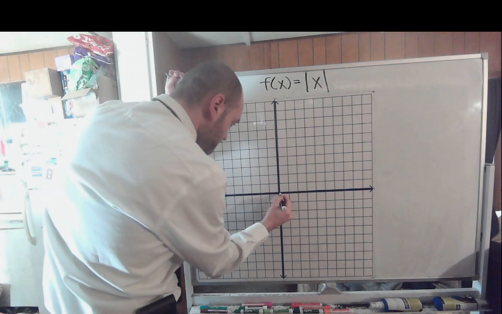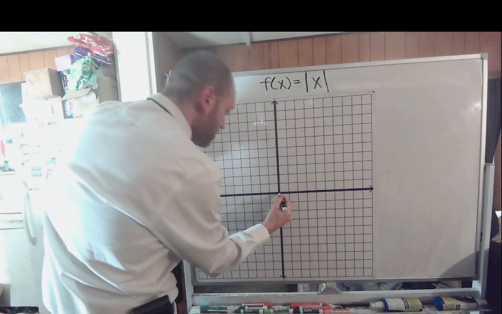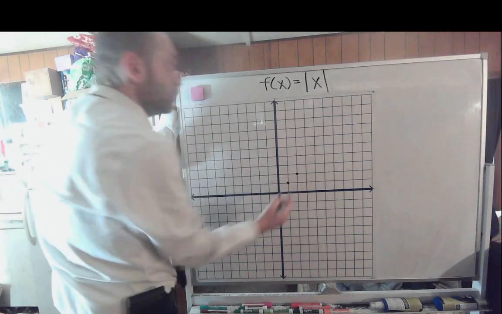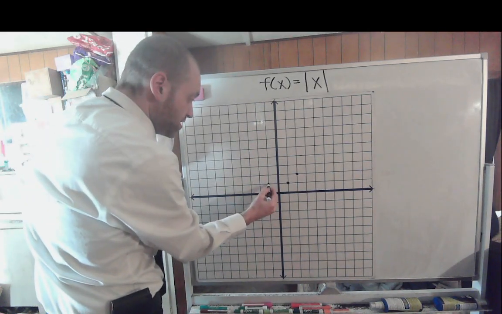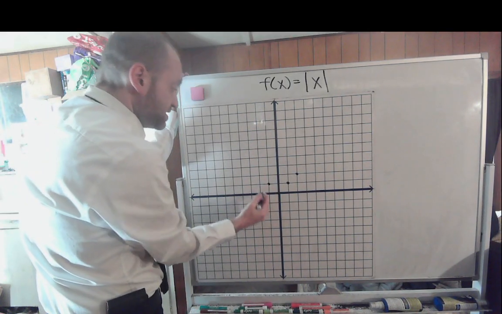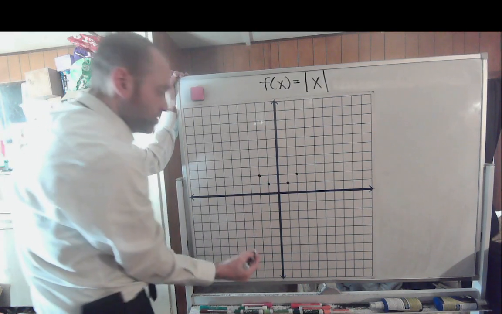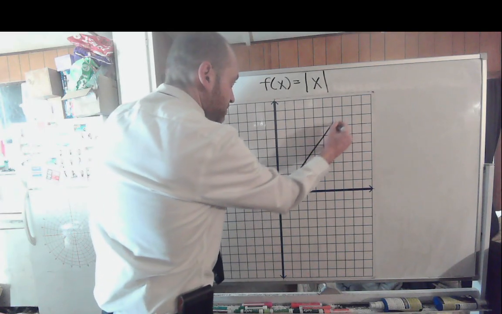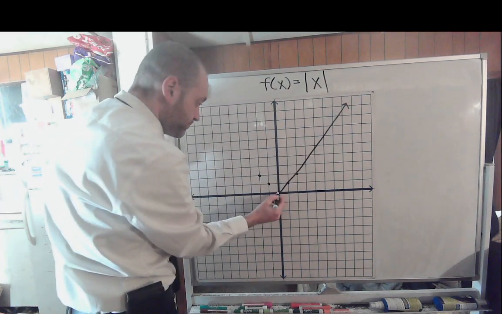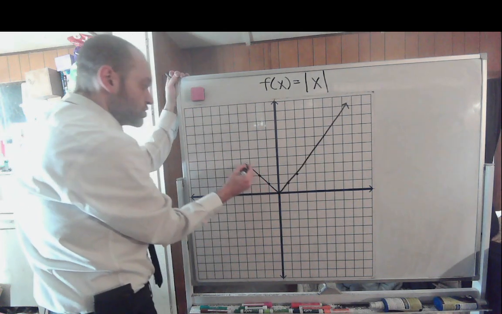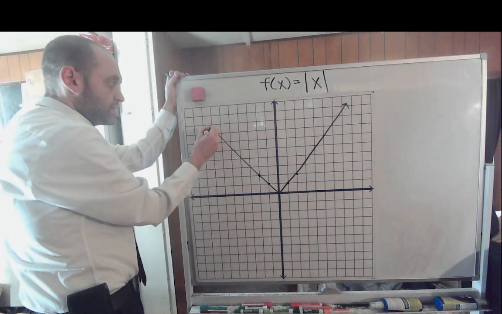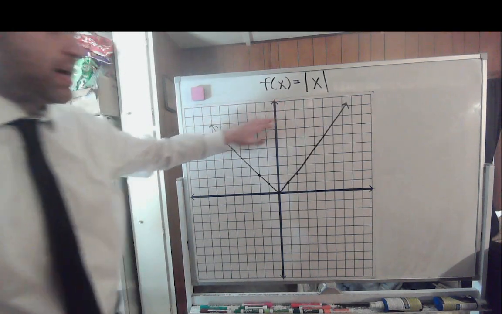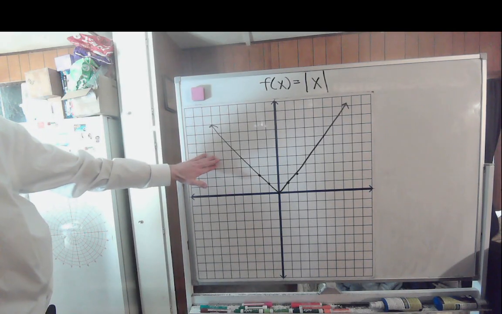So x equals 0, y would equal 0. X is 1, y is 1, x is 2, y is 2. X is negative 1, y turns into positive 1. X is negative 2, y is positive 2. So the graph of the parent absolute value function is going to be something like this. So there's your graph of f of x equals the absolute value of x, the parent function.